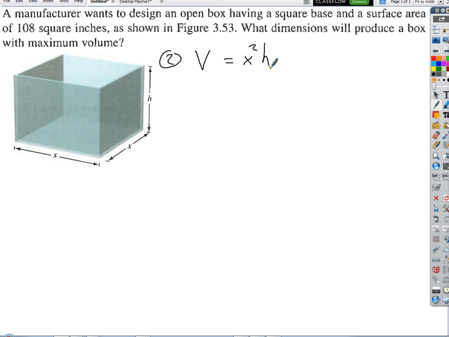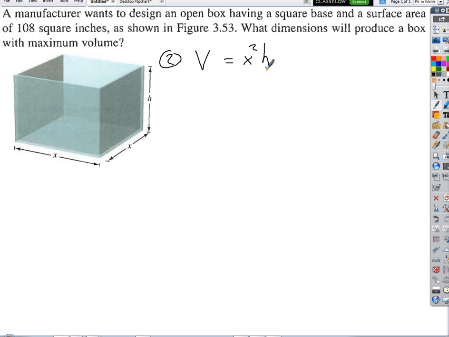Step 3 is we need to reduce this to a function of a single variable, right? And so that means we're going to require a secondary equation, which I oftentimes like to call an equation of constraint, because it's going to be the thing that is limiting us. That is always going to give birth to the secondary equation, right? So what is the limit here? And typically you look for a number.